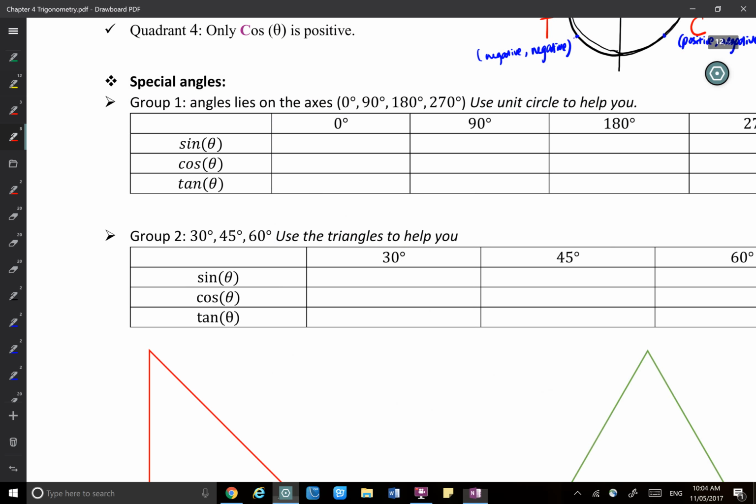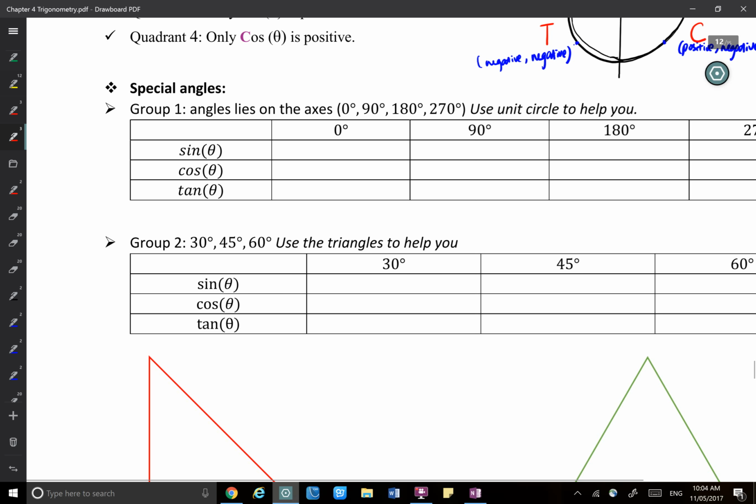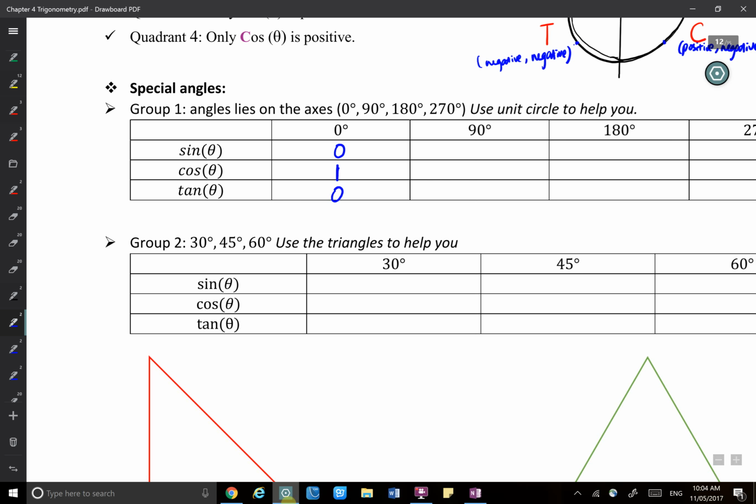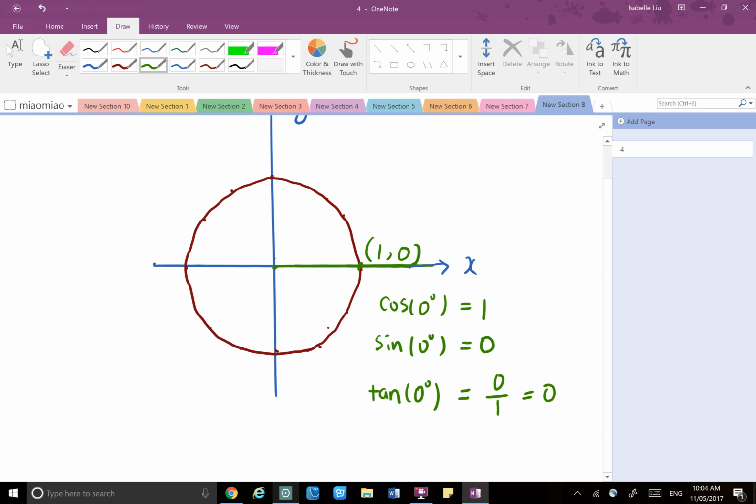So let's go back to this table here. You will have sine 0 is 0, cosine 0 is 1, and tangent gives you 0. Next one, I'll sketch 90 degrees.